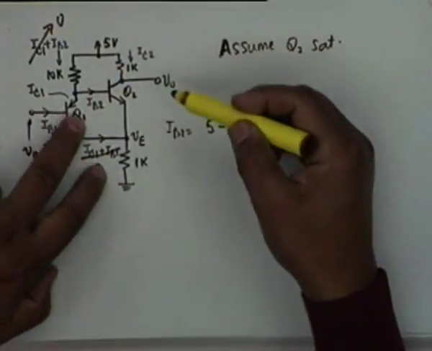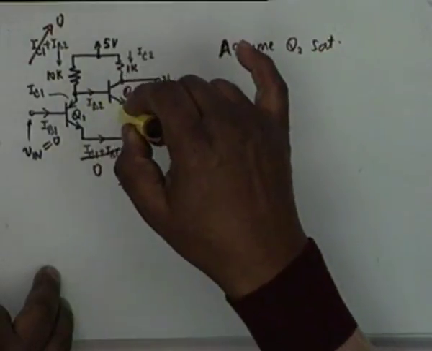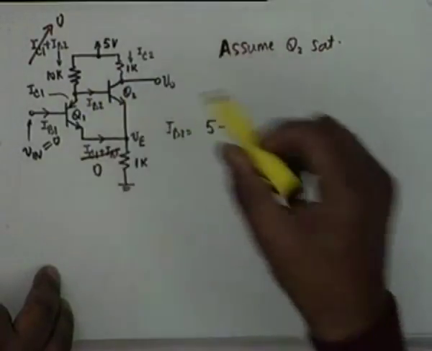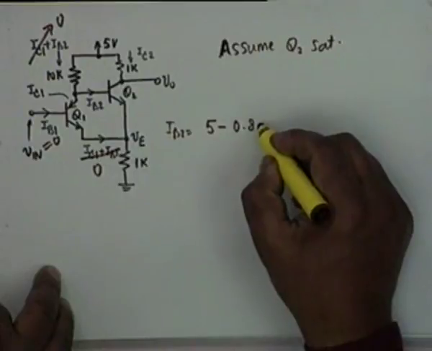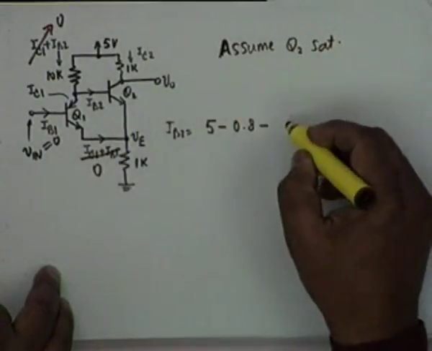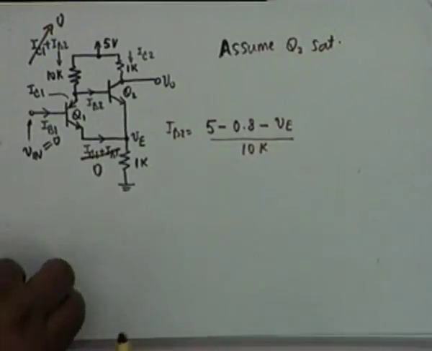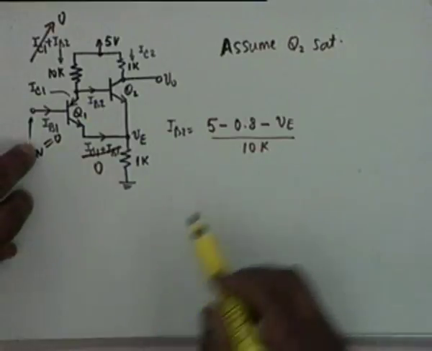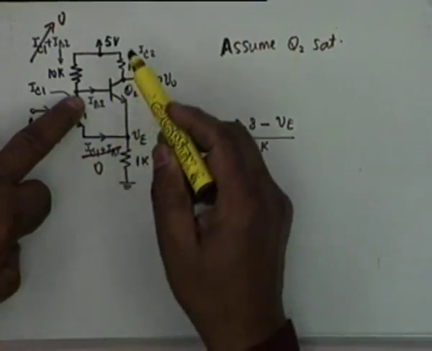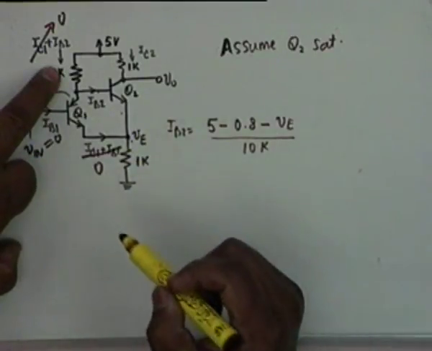IB2 is 5 minus, if Q2 is saturated, this voltage is 0.8, 5 minus 0.8 minus VE, whatever that voltage is, divided by 10K. Is that correct? Yes, I have found IB2. IB2 is (5 minus 0.8 minus VE) divided by 10K.